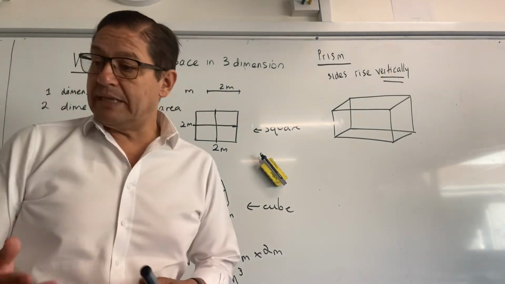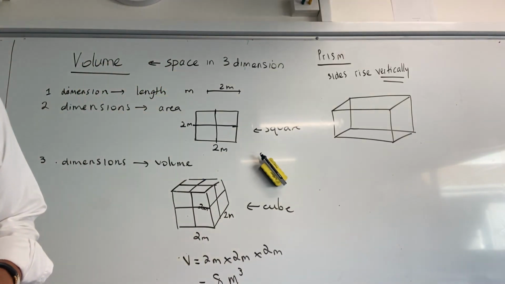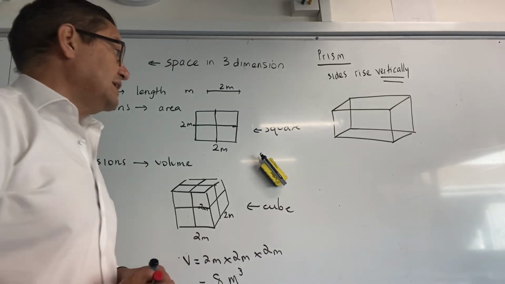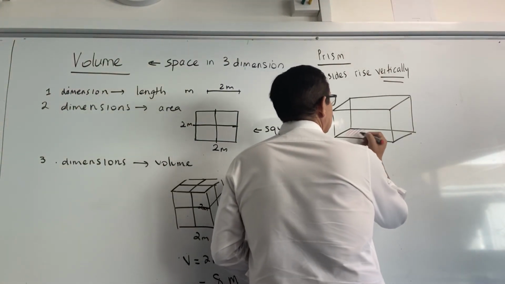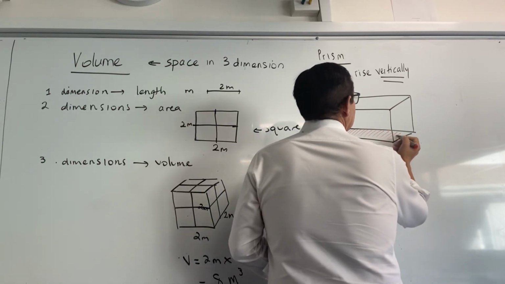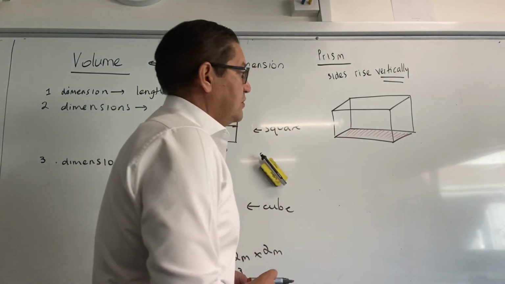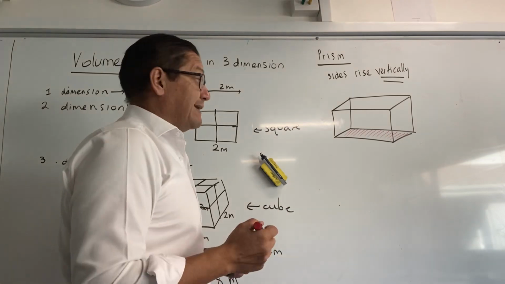Now, there are many, many ways and there are many formulas for volume. I think the easiest one is to think of the base, the floor, whatever you want to call it, right? And that is a rectangle.